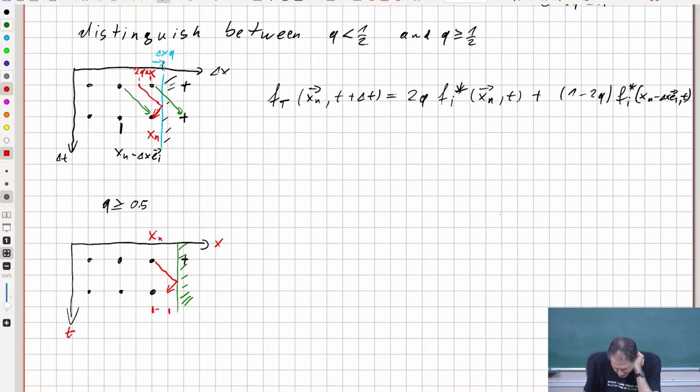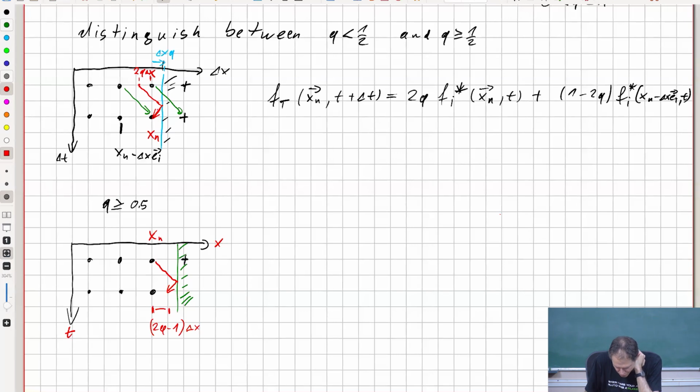We can calculate that this distance here becomes (2q minus 1) delta x. So now this is not enough because we want to have the population here.